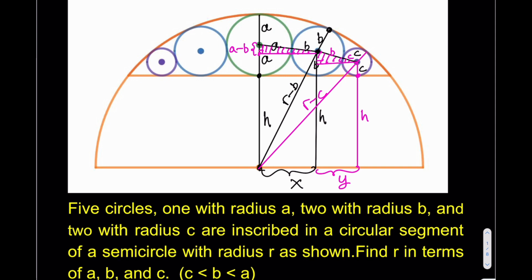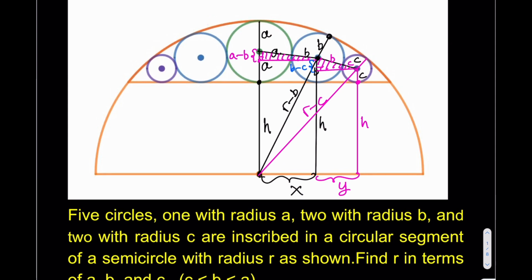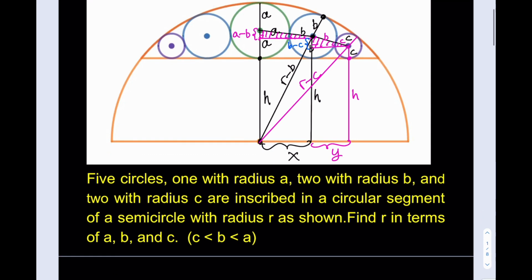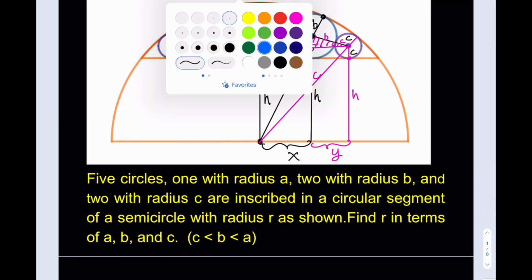And this little piece here, maybe I'll change to a different color, is going to be B minus C. Awesome. So let's go ahead and start with those. So I do have a right triangle there, actually two of them, right? So what are they going to look like?